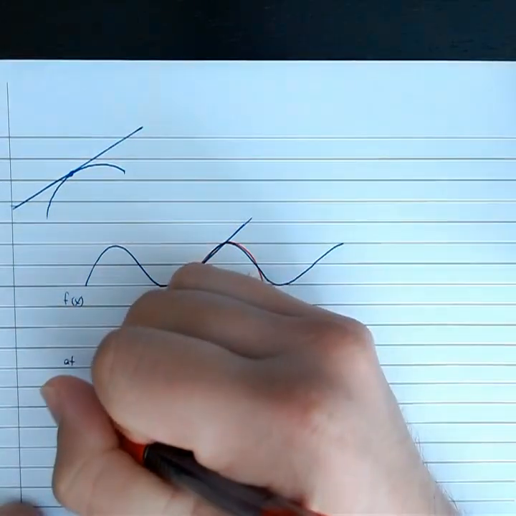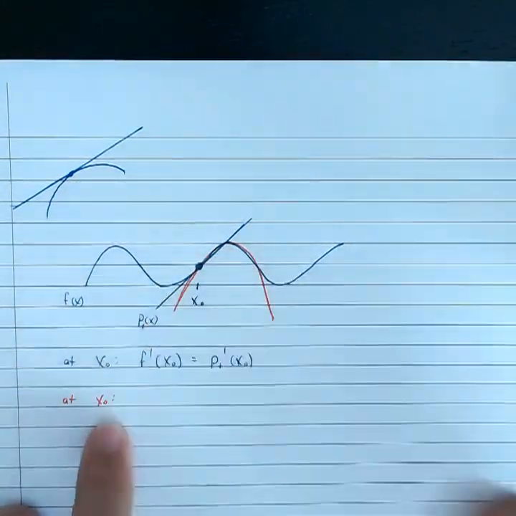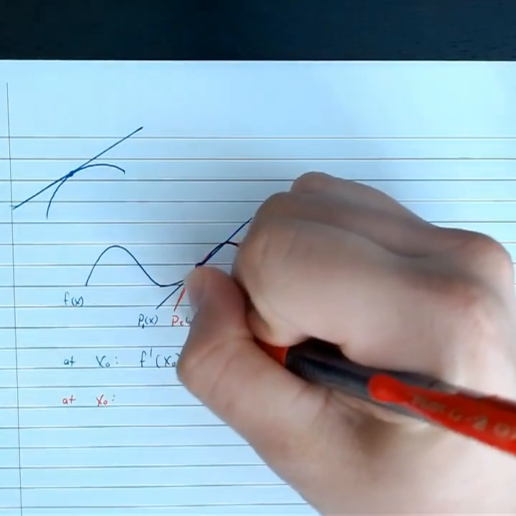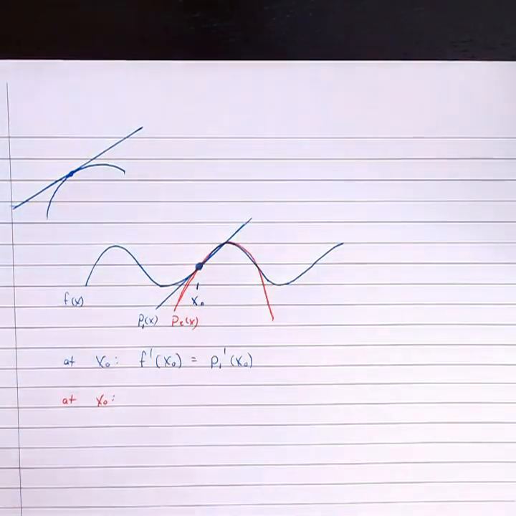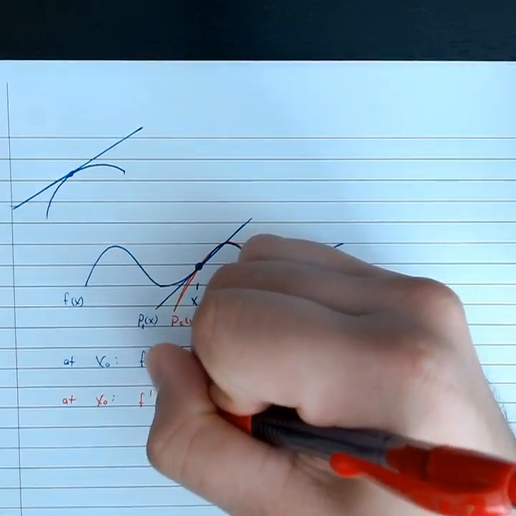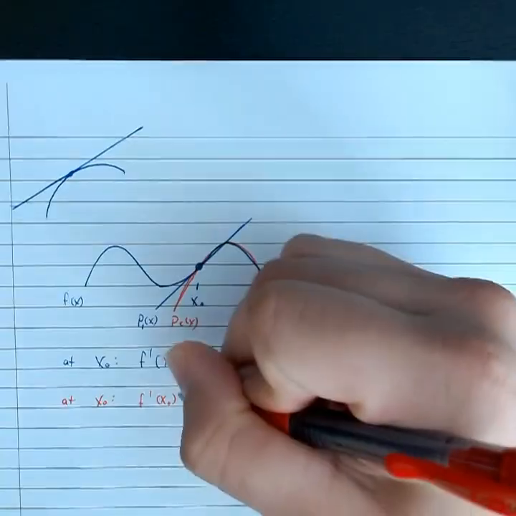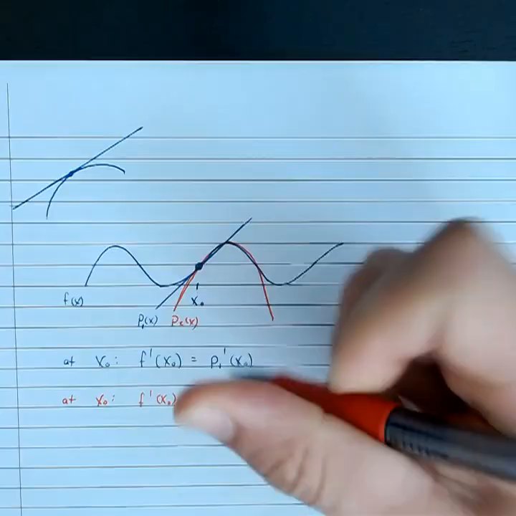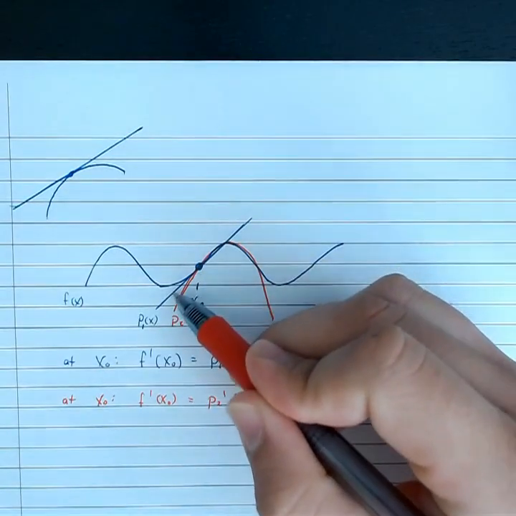So here I can say at x naught, I have a function, and I'll call this one p2, again, just to designate the fact that it's a second order polynomial. It's a quadratic. And at this point, I have f prime of x naught is equal to p2 prime of x naught. Because again, you'll notice right here, they both have the same tangent line.